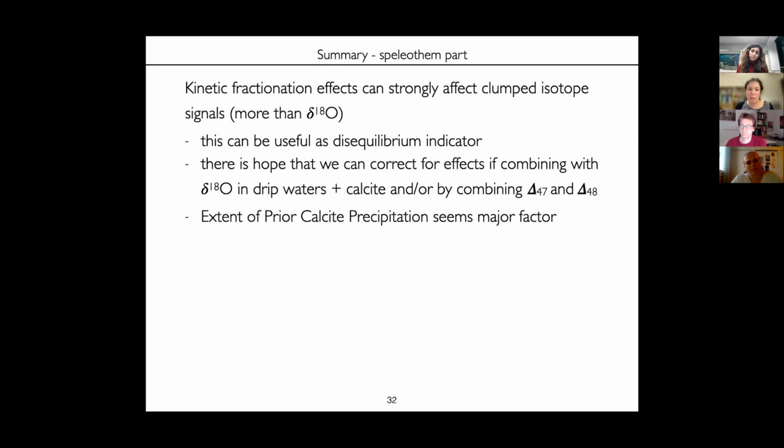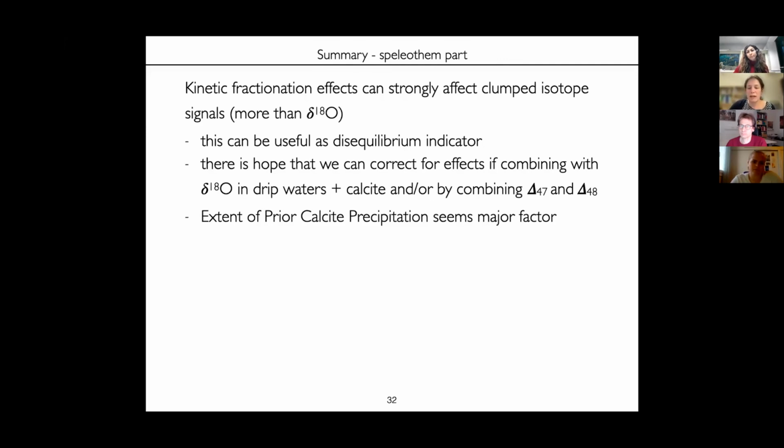And there's hope, I would say, for correcting those effects and tracing back the growth temperatures by either using the combination with oxygen isotope effects that requires that we have some knowledge on oxygen isotopes in water, like fluid inclusion measurements, and or by combining the different versions of isotopologues, mass 47 and 48.